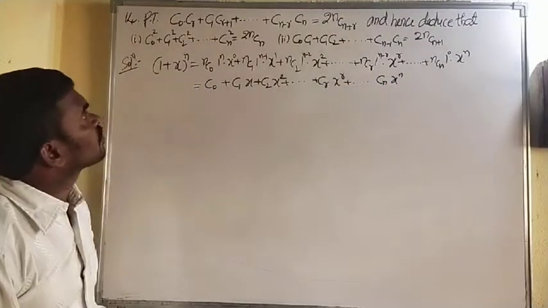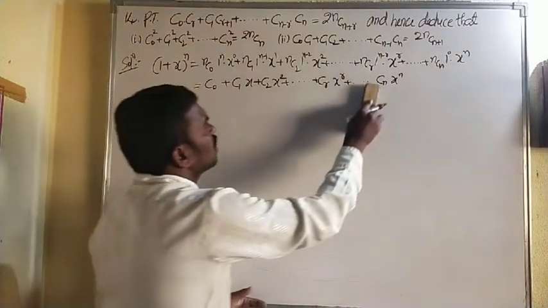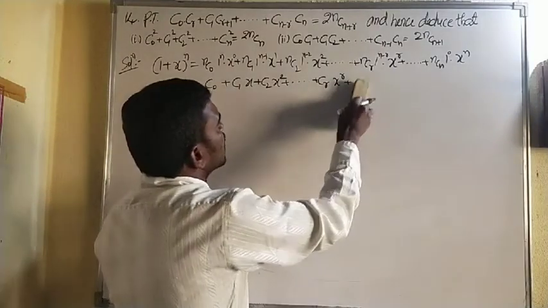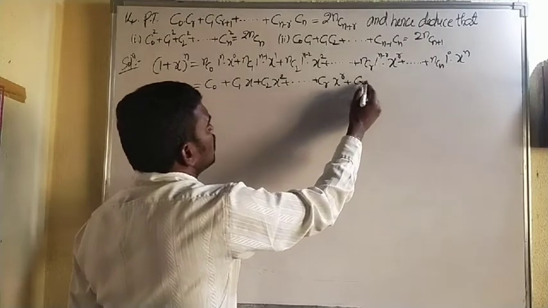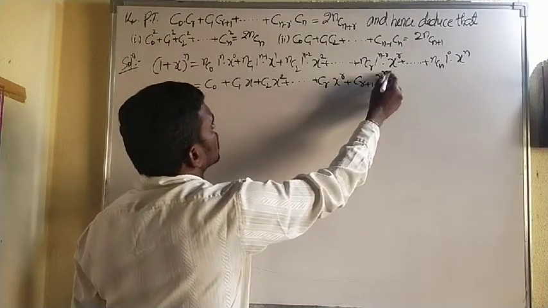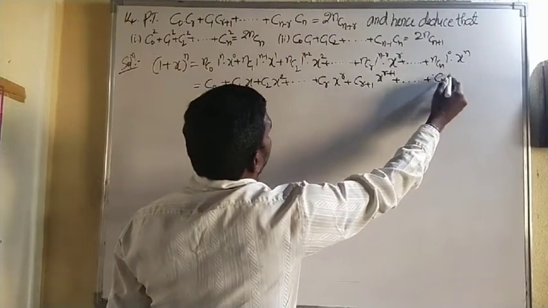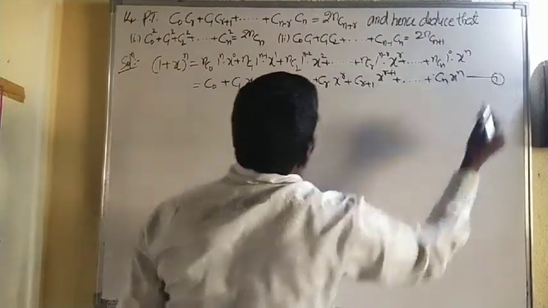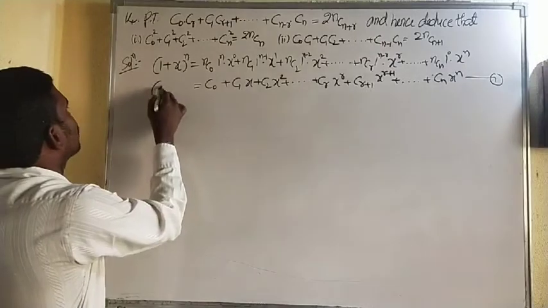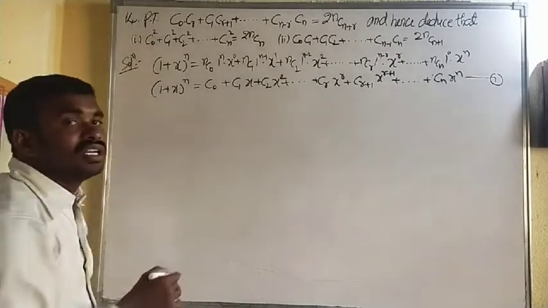Is it clear? Of course, if you want, one more term also we can write. What is the next term after the rth term? It will be C(r+1) into x power r plus 1 plus so and so plus Cn x power n, equation 1. So this is (1 plus x) whole power n.